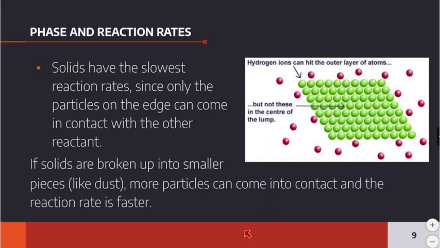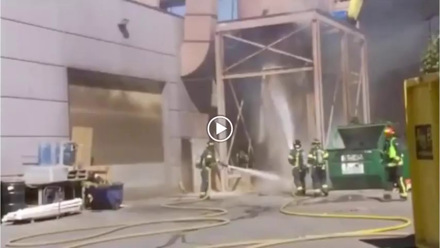And so to show you this, let's watch a couple of videos of what happens whenever you take a solid that reacts relatively slowly and put it into really tiny pieces, into dust, and let's see how that changes the reaction rate.